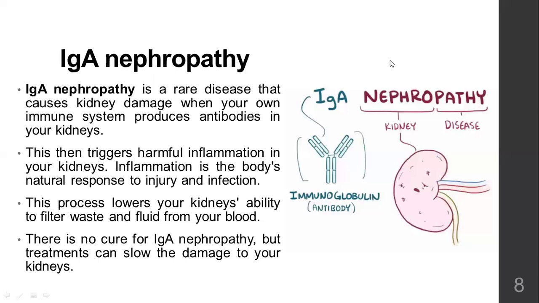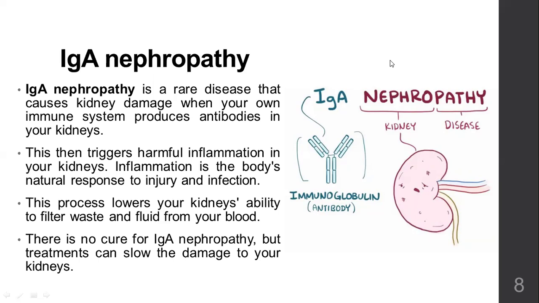So IgA nephropathy means there is a specific kind of immunoglobulin called IgA. This specific IgA is attacking your nephrons. It's attacking your kidneys. That is IgA nephropathy.